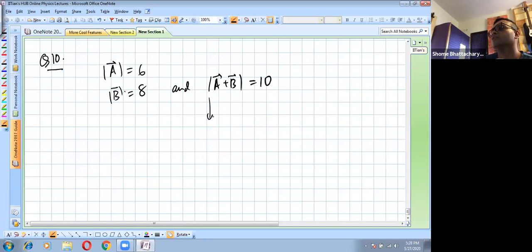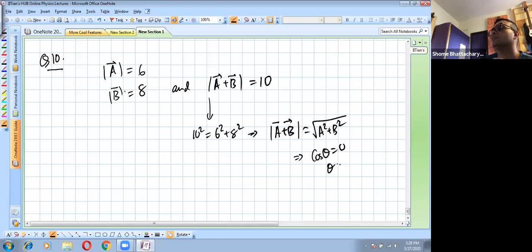Now from that we can see that since 10 square is equal to 6 square plus 8 square, mod of A plus B happens to be equal to square root of A square plus B square, which means that they are perpendicular vectors. Cos theta is equal to 0, or theta is equal to 90 degrees. So their dot product will become how much? It will become 0.